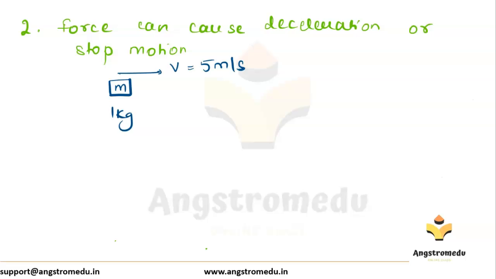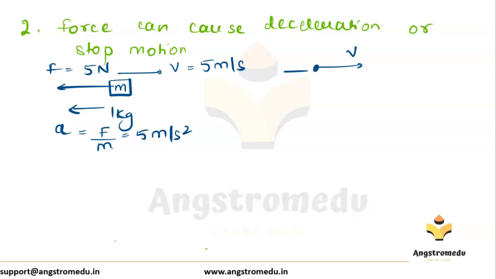Initially it is moving with this velocity and there is no net force acting on the object, so it is moving with a constant velocity. Now if this object is moving in the forward direction and a force F equals 5 Newton acts in the backward direction, then due to this force an acceleration in the opposite direction will act, equal to force upon mass, which is 5 meter per second square. So here the body's initial velocity is in this direction and the acceleration is in the opposite direction, meaning the body is in a decelerated state.